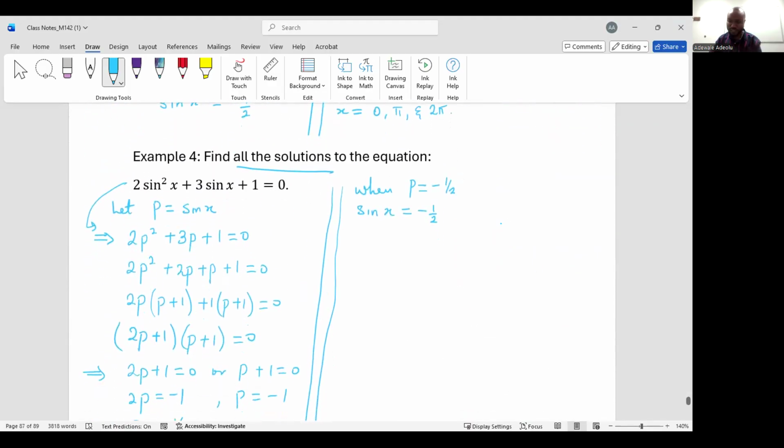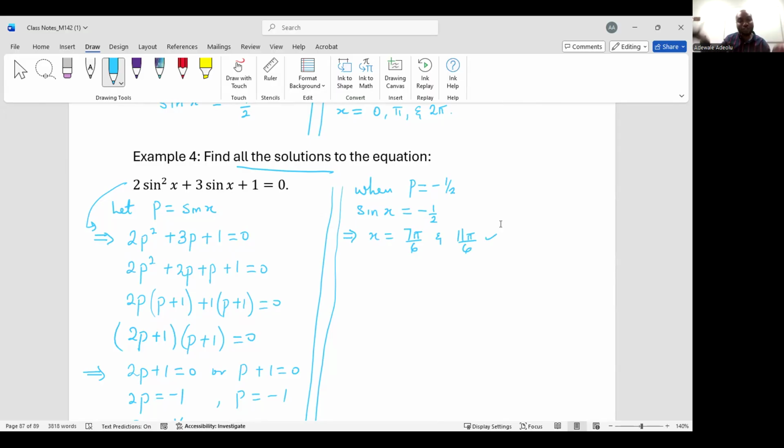So we have it, that is, x is 7 pi over 6 and 11 pi over 6. Now, since we are looking for all solutions, remember, this is just in one rotation.